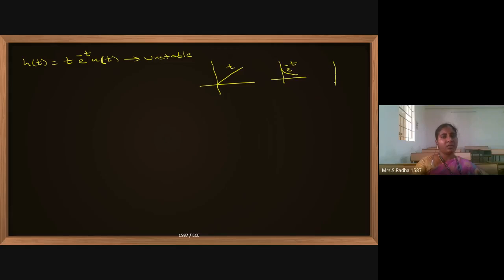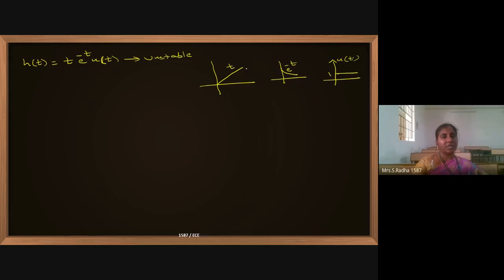But I have some more problems. H of t equal to t into e power minus t u of t is an unstable system. Because t is an increasing waveform, e power minus t is a decreasing waveform, and u of t is a constant value.